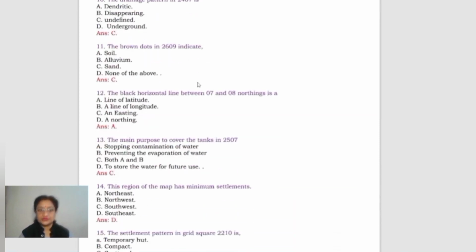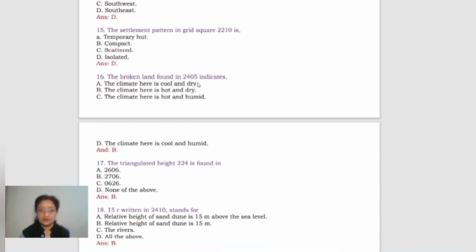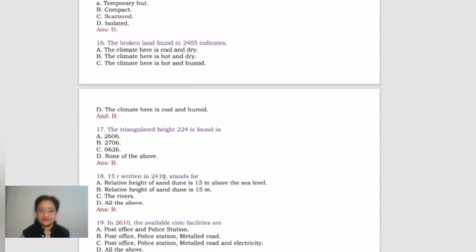Let's see whether the option is given or not. Its relative height of sand dune is 15 meter above the sea level. No, it is never above the sea level, right? You can see the options given to you. It is going to confuse the children.